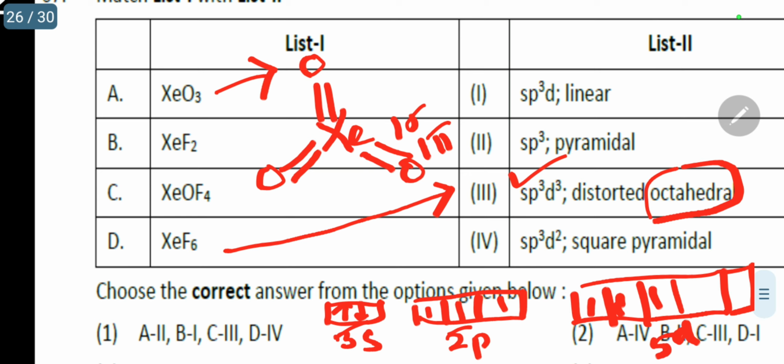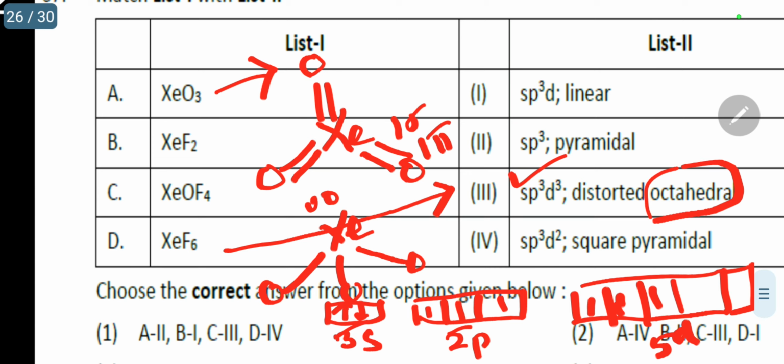There is one lone pair, so this is trigonal, kindly follow. Just like the ammonia structure: Xe, and a lone pair is there. Imagine now, this is O, this is O, this is O, lone pair from 5s.